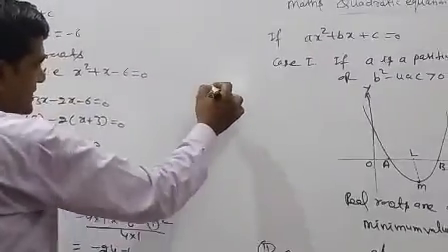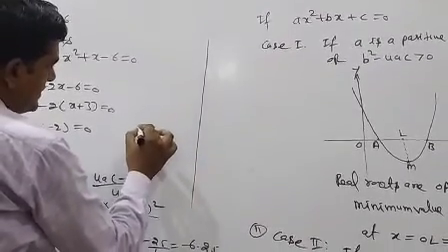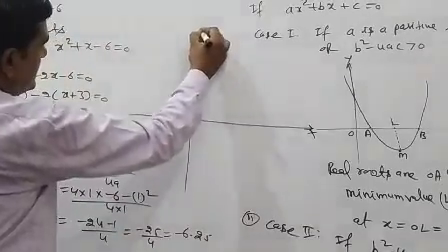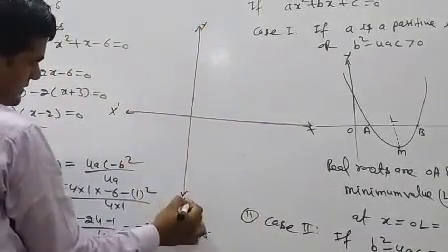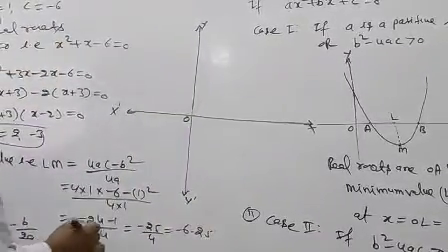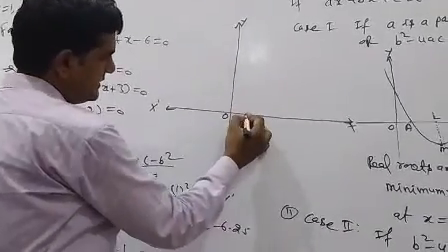Now I am going to draw the graph here, the diagram here. x, y. Here x dash, here y dash. Now minus 6.25 here.